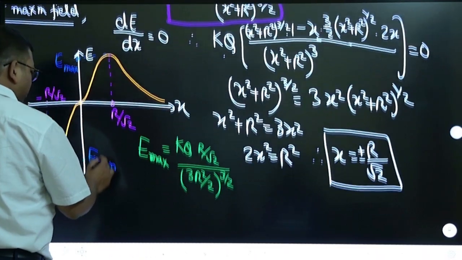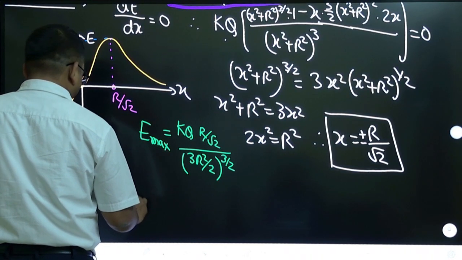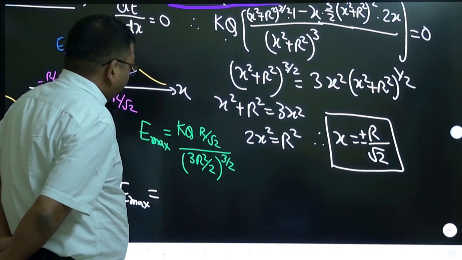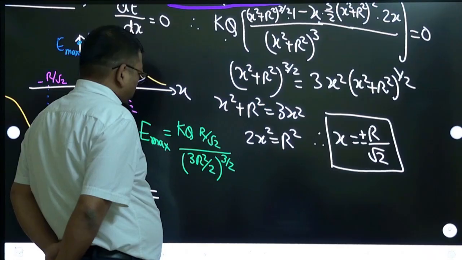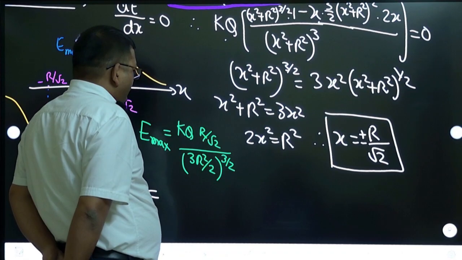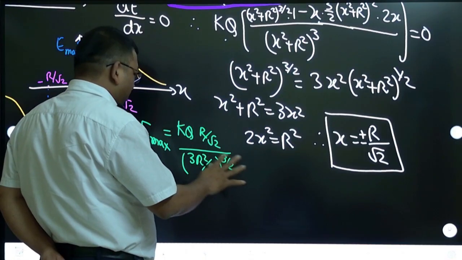Let us simplify this. What will happen? Find out. 3 by 2 means what? 3 by 2 means 1 and root.